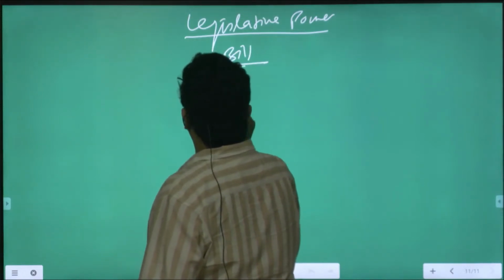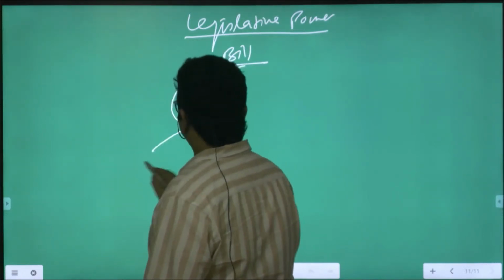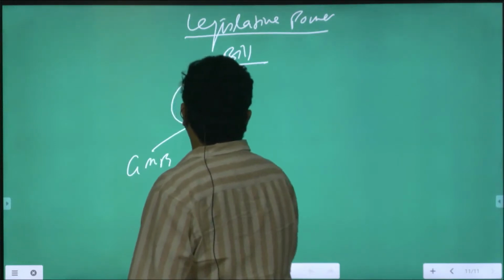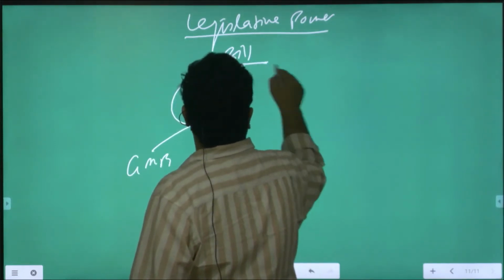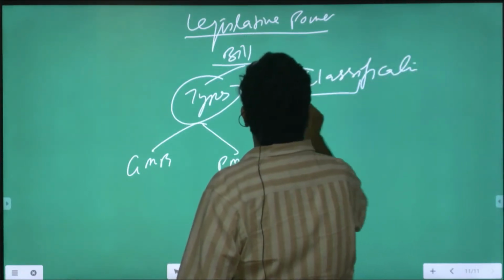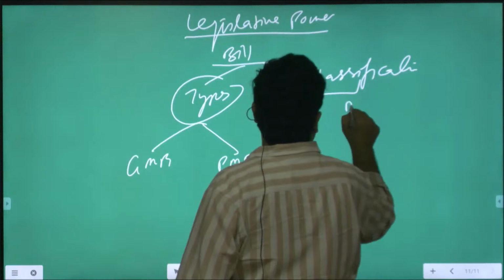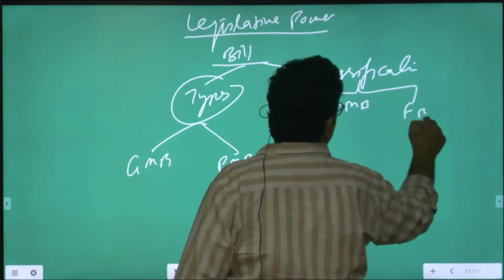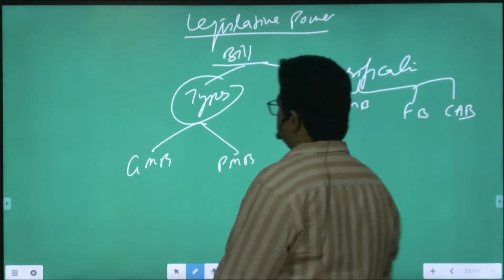So how many types of bills are there? There are two types, government bill and private member bill. Then there is a classification of bills. There are four types: ordinary bill, money bill, finance bill and constitutional amendment bills.